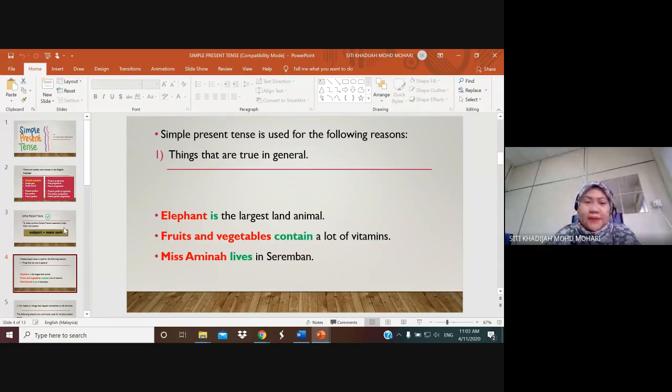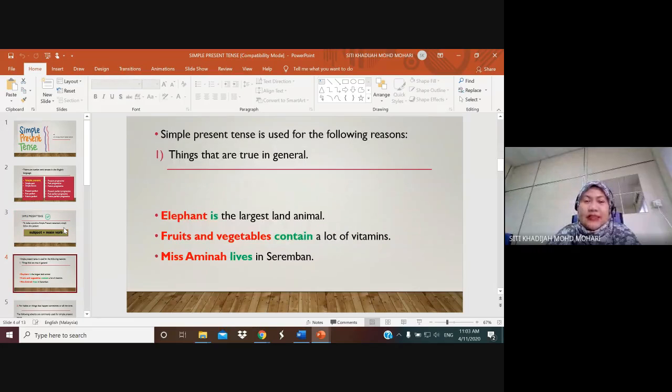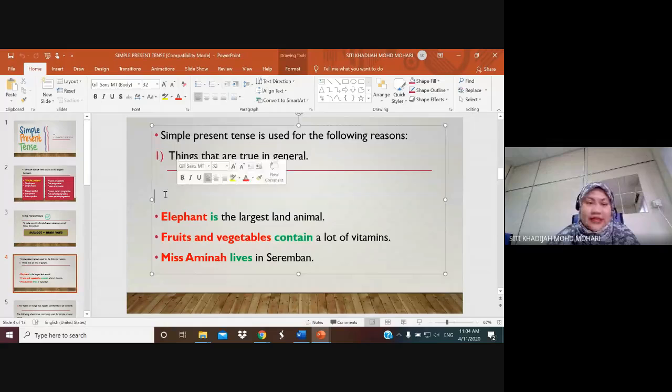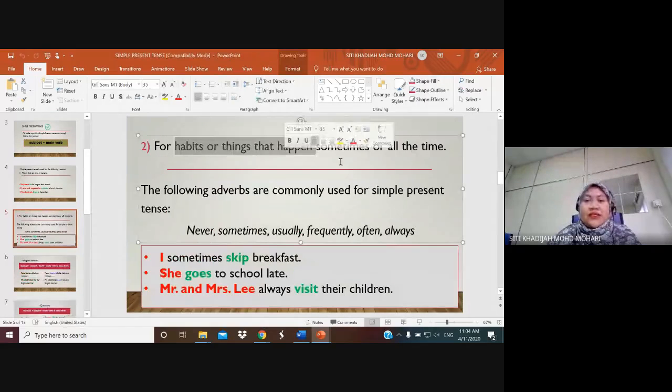The purpose of using the simple present tense is first to state something that is true in general. The second reason is for things that happen sometimes or all the time. And for example, timetables: to indicate the departure of a bus, train, or aeroplane, we use simple present.